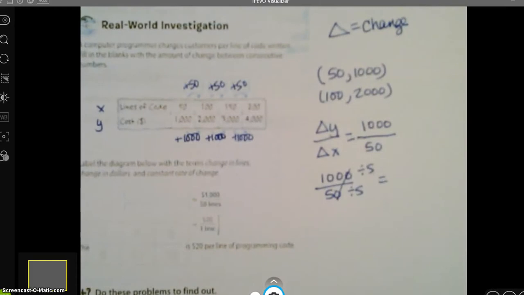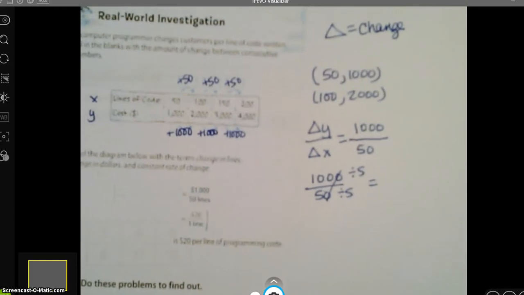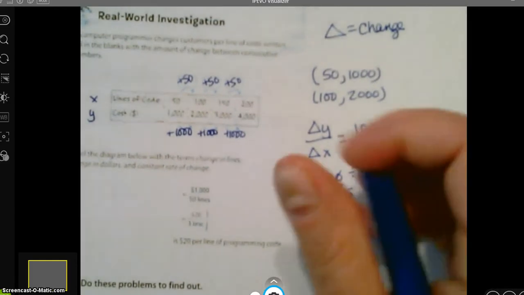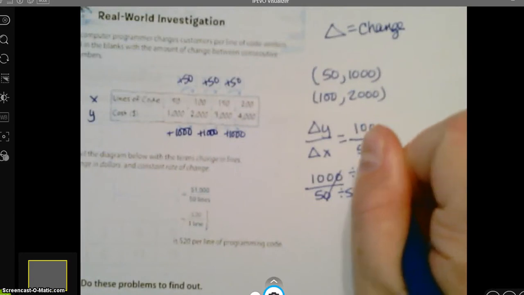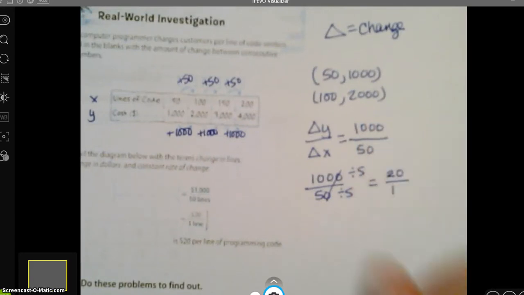I know they both divide by 5. 100 divided by 5 is 20. 5 divided by 5 is 1. And I can actually leave it like this if I want to. I know this seems weird, but when you are doing a constant rate of change, you may leave it improper. You may leave it improper, and there is a reason for that we will be talking about.